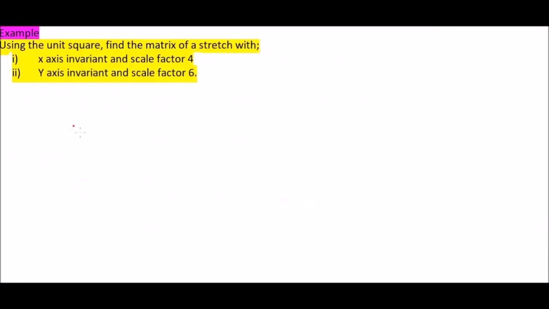In this example, we are told, using a unit square, find the matrix of a stretch with (i) x-axis invariant and scale factor 4, (ii) y-axis invariant and scale factor 6.